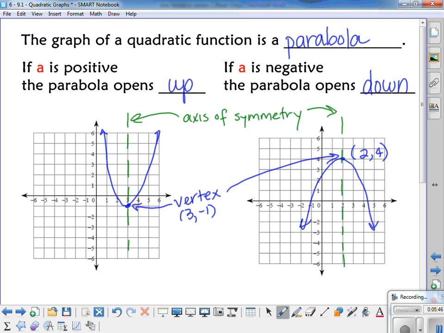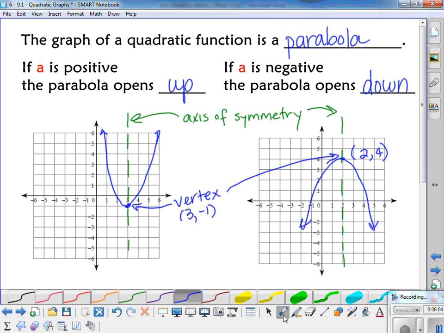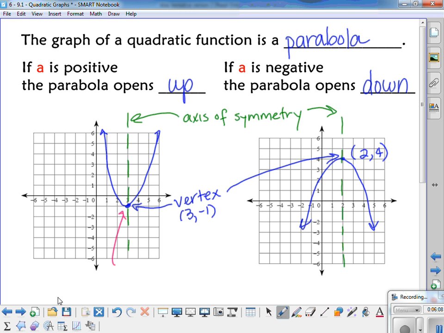So when we have a parabola, we're going to have either a minimum value or a maximum value for the function. Okay, when I'm talking about the value of the function or the value of the graph, I'm talking about the y value. So in the case of my graph on the left, it's opening up, so is this a high point or a low point?